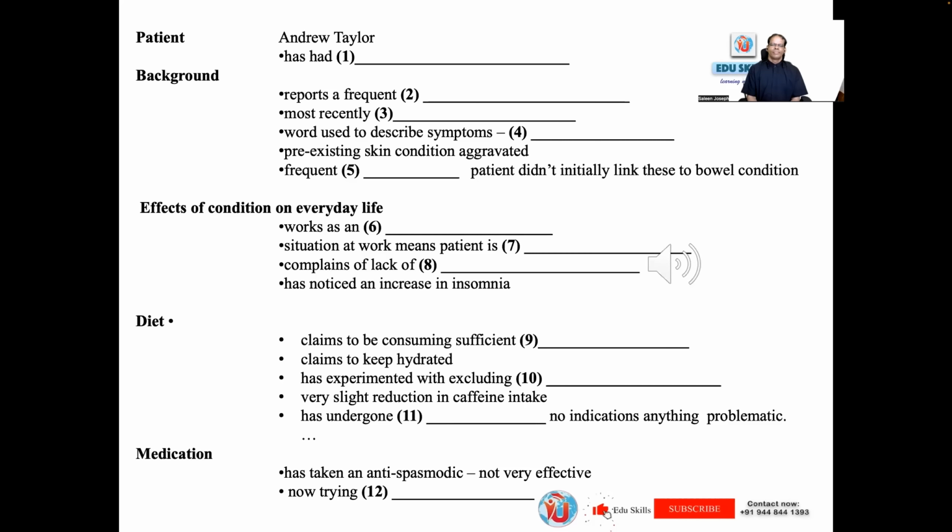Extract 1. Questions 1 to 12. You hear a gastroenterologist talking to a patient called Andrew Taylor. For questions 1 to 12, complete the notes with a word or short phrase. You now have 30 seconds to look at the notes.